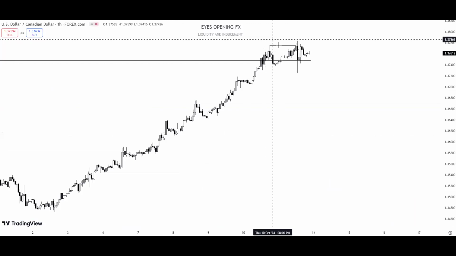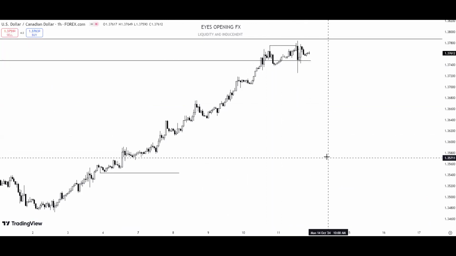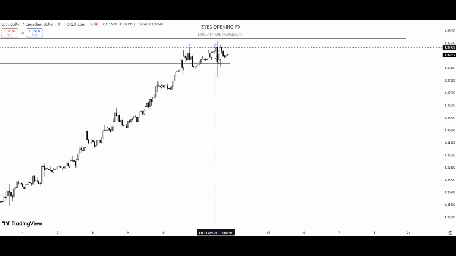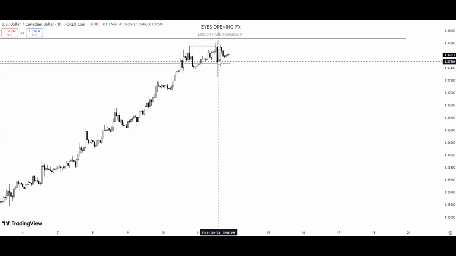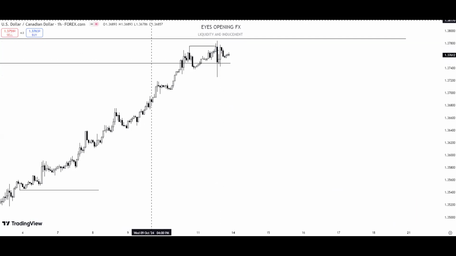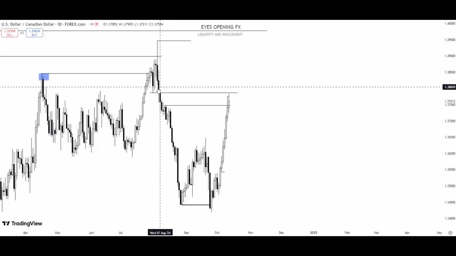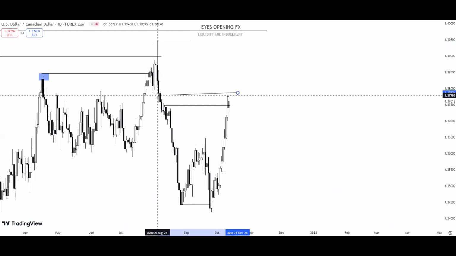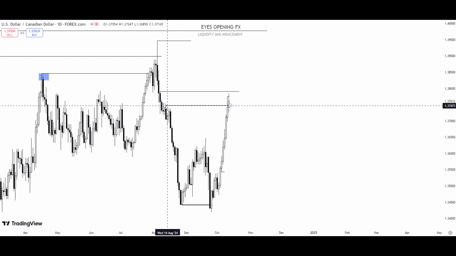On USD CAD, the pair is yet to show the willingness to go lower. All right, even if market uses this news to break this low, it's still showing willingness to go higher. So if price will go higher, the next area I expect price to run into is this imbalance right here.